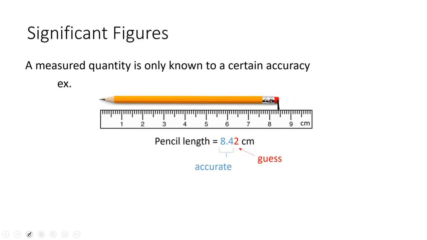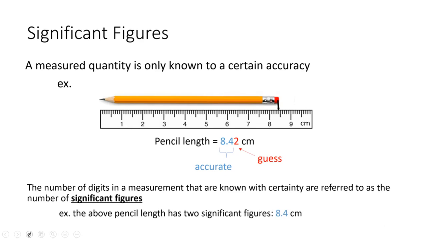The 2 at the end is really just a guess. I might jot down in my notes that the pencil is 8.42 centimeters long, but if I were reporting this number, I would only want to report the measurement that I'm sure about, the measurement that's accurate, and so I would say 8.4. So it has two significant figures, the 8 and the 4.